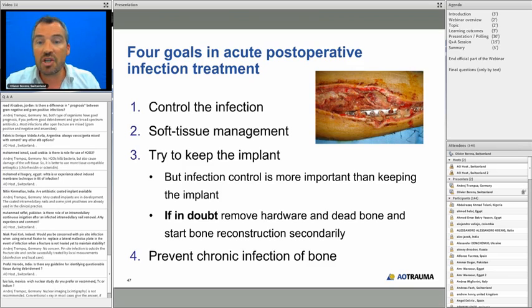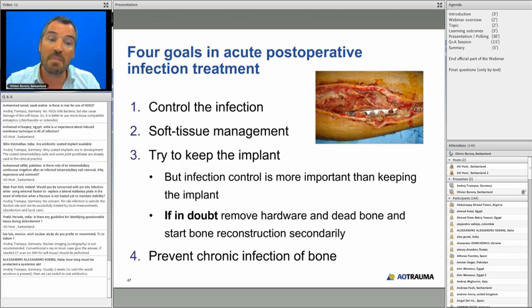Initially, we want to try and keep the implant, but if we see that we cannot control the infection by keeping the implant, we just have to take it out. So we must not hesitate taking the implant out and finding another way of controlling the infection. And of course, what we want to do as well is prevent chronic infection.